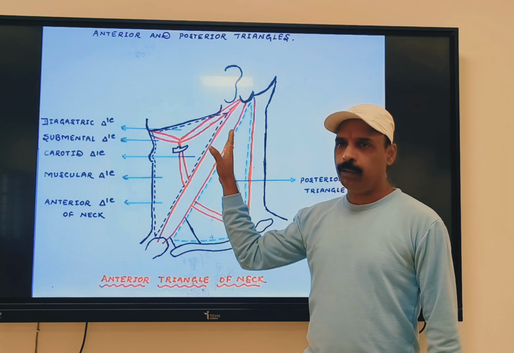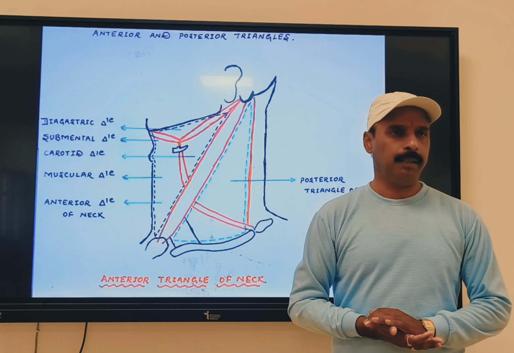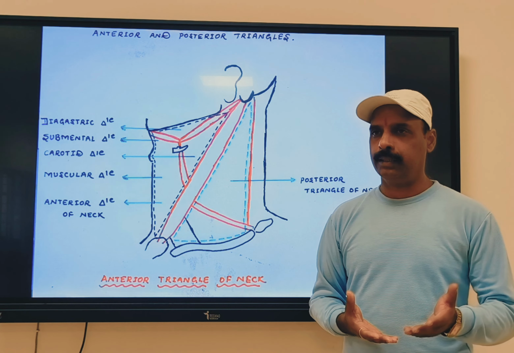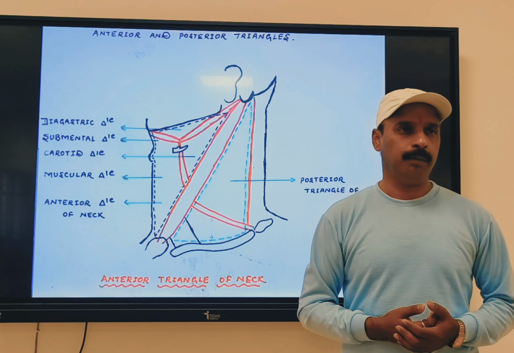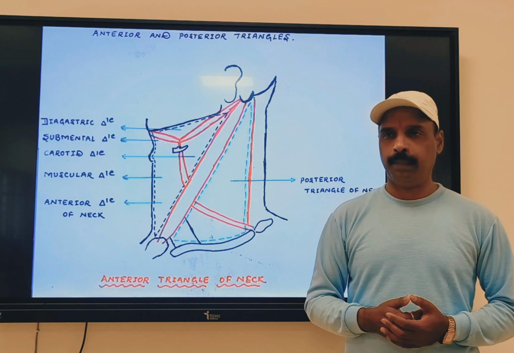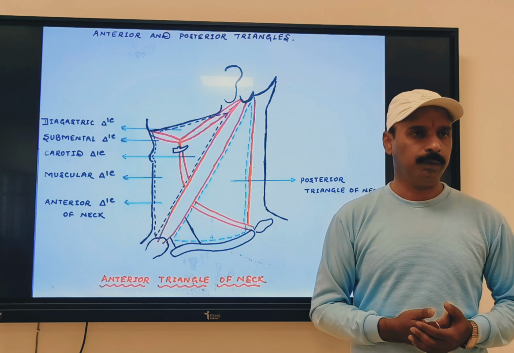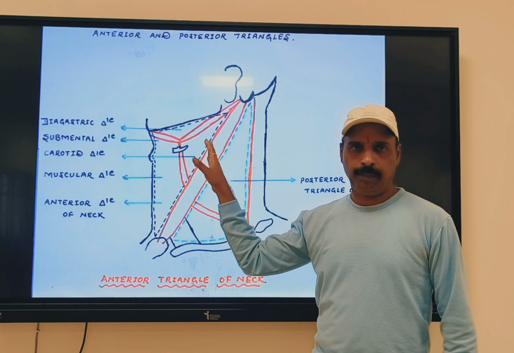Then again, deeper you go, you get the great vessels: common carotid, internal carotid, external carotid, internal jugular, and nerves like the vagus nerve, which runs from the brain to the abdomen, passing through the neck region.